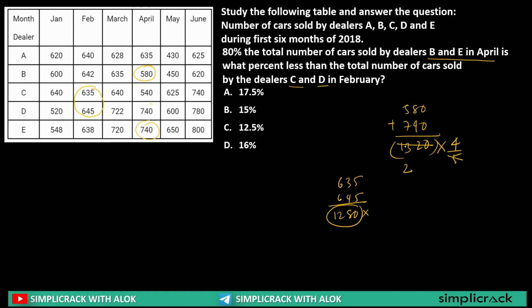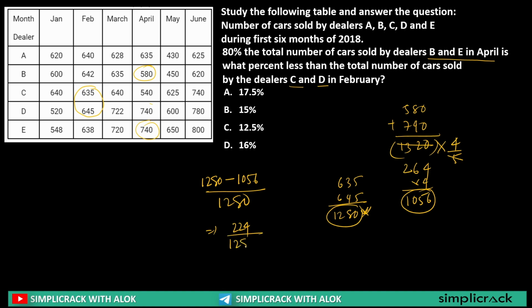5 2s are 10, 5 6s are 30, 2054 multiply by 4, 4 4s are 16, 4 2s are 8, 10, 0. So this is how much percentage less than this. So what I will do, 1280 minus 1056 divided by 1280. Are you getting this whole point? Yes, sir, I am getting this whole point. Now 224 divided by 1280 into 100.